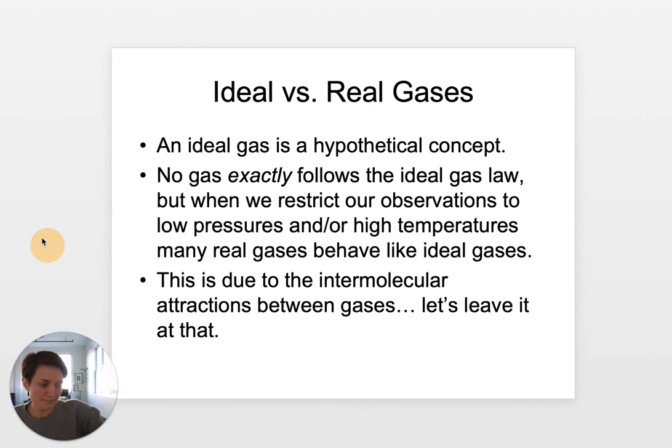But it was still useful to think of gases ideally, and most of the time when we're working with gases in the world, not in a synthesized or created system, they're going to be behaving mostly ideally.